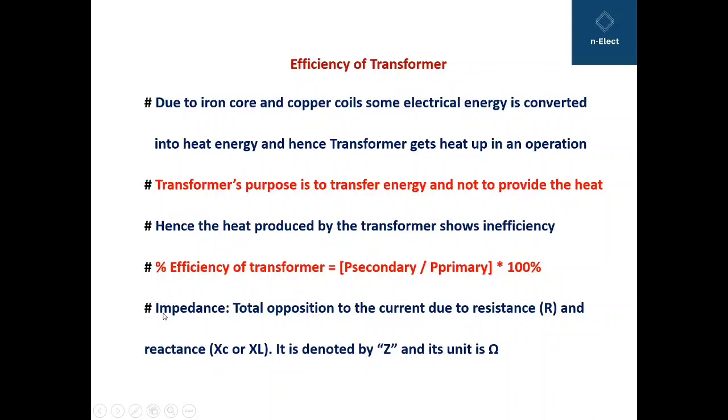Impedance, which is basically a resistance occurring in AC circuits, is the total opposition to the current due to resistance and reactance, that is XC or XL. XC is due to a capacitor, or XL is due to a coil or inductor. It is denoted by the letter Z, and its unit is ohm.